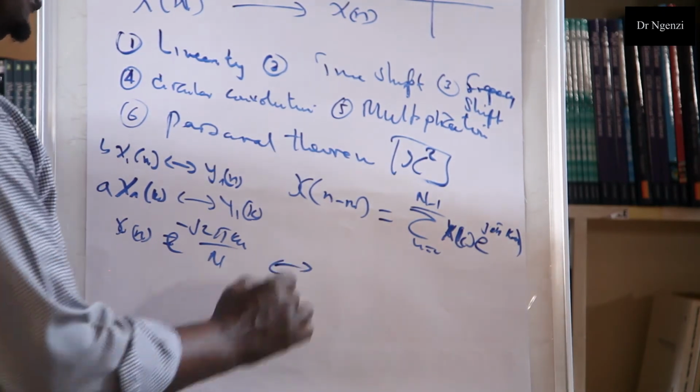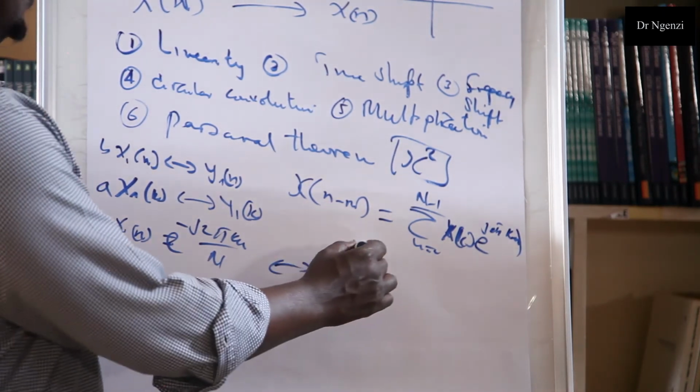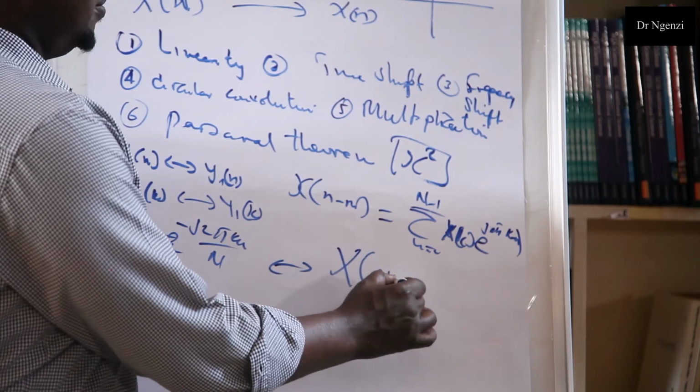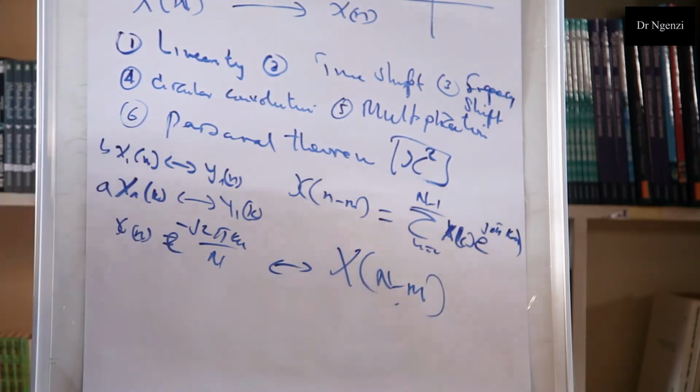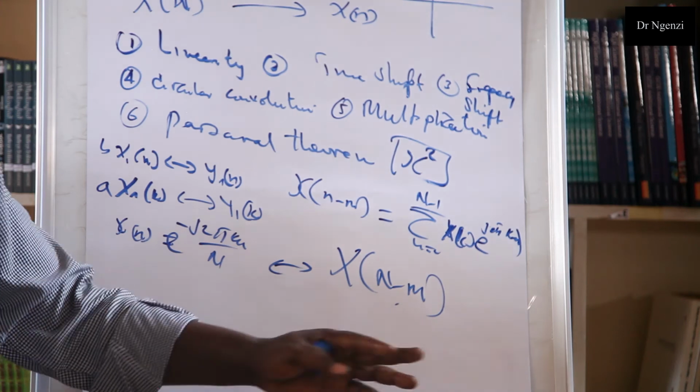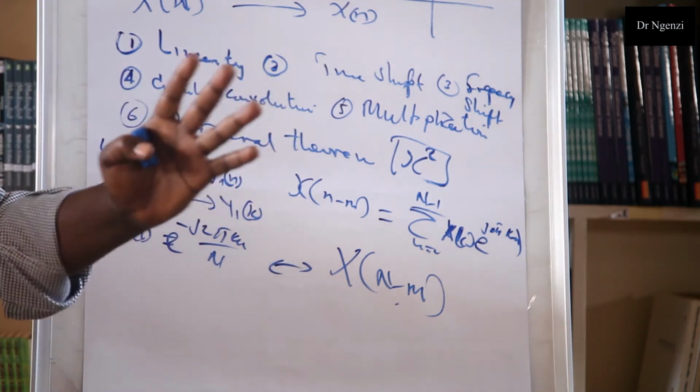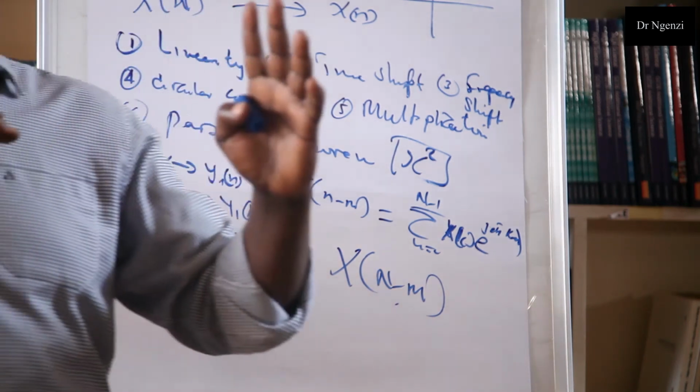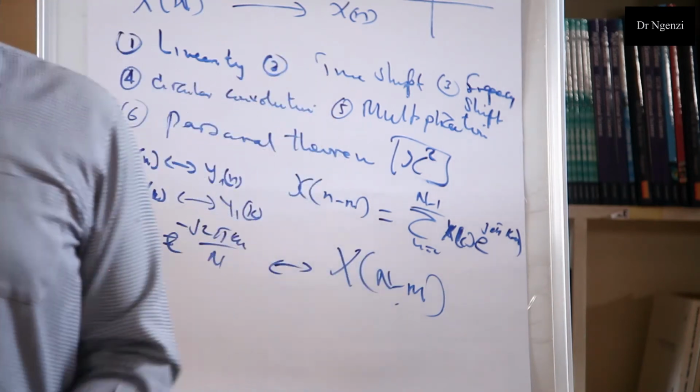So you are shifting, so it is shifting between two numbers, big N and X of n. So I'm trying to explain: one is linearity, another one is a time shift.